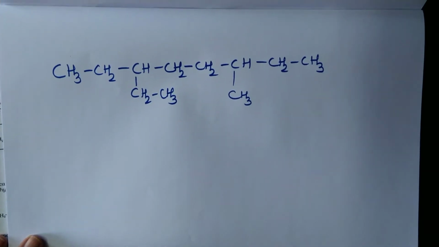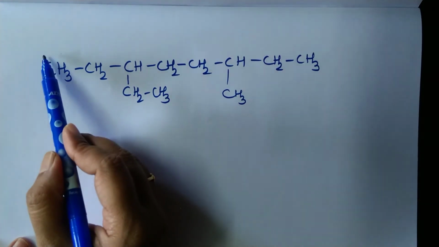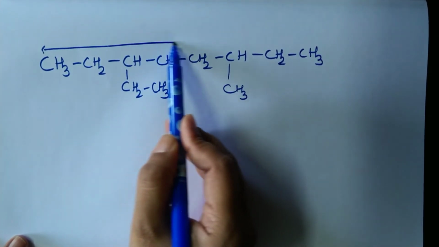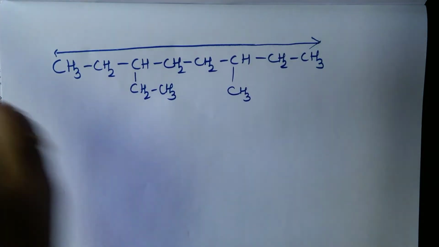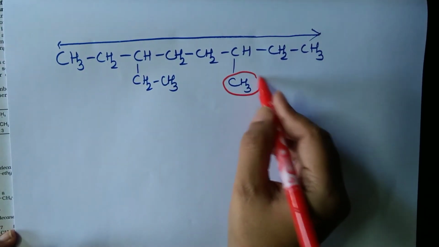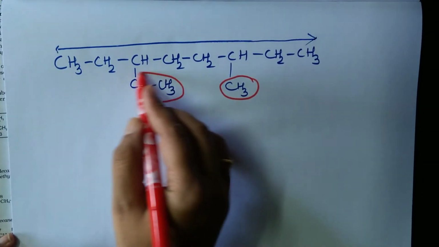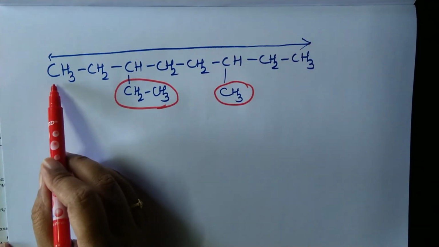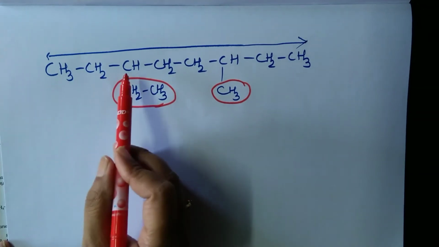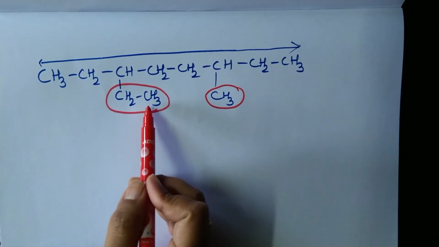In this particular example, on analysis we come to know that this is the longest carbon chain, and the substituents are CH3 and C2H5. We will try to find the positions. If I number it from this side, 1, 2 and 3, the ethyl group gets the third position.